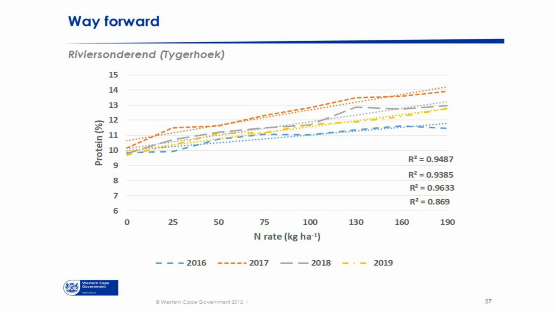If you look at the protein content of the grain, then at 0, you are more or less at 10%, which is very dangerous. I think we want to be at the 12% protein content.